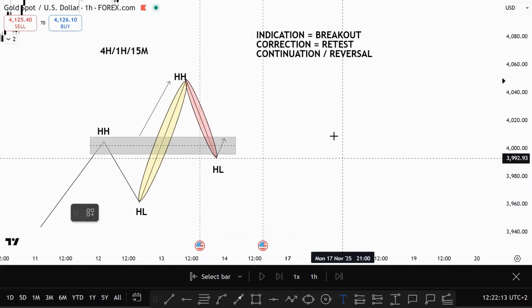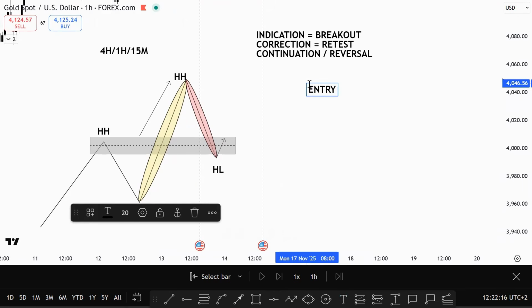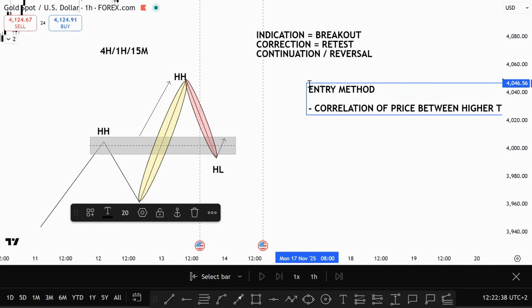I've then introduced an entry method, where the entry method says I would want to see correlation of price between higher time frames and lower or smaller time frames.